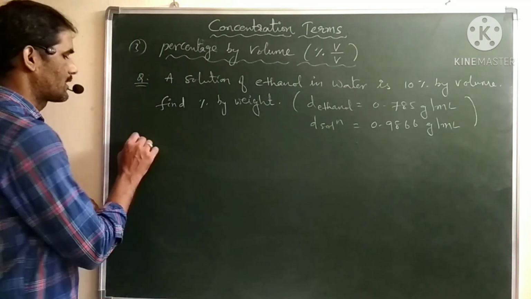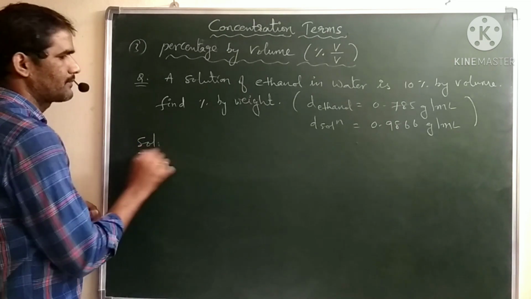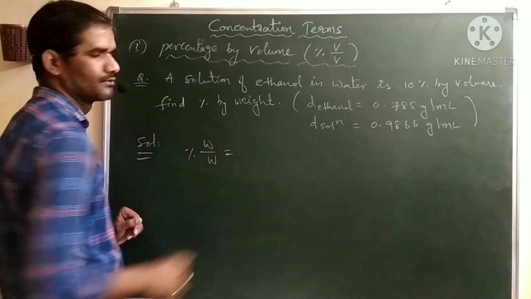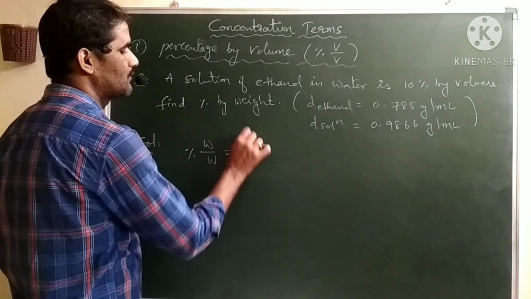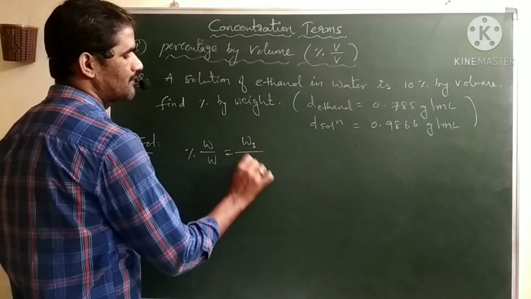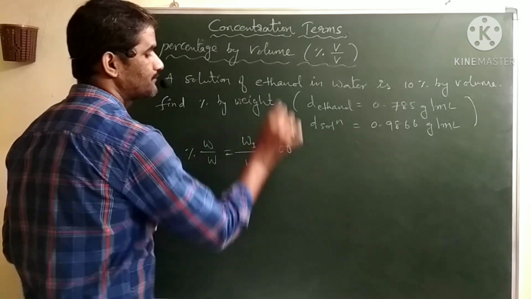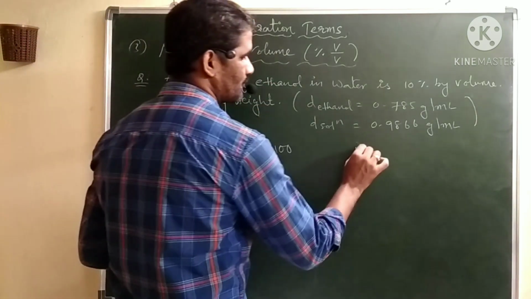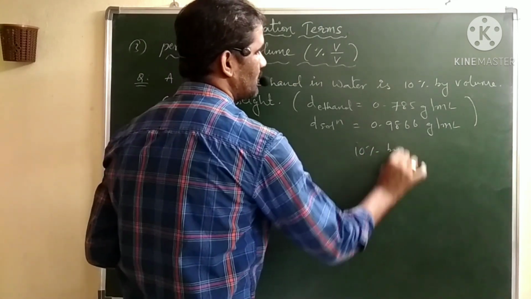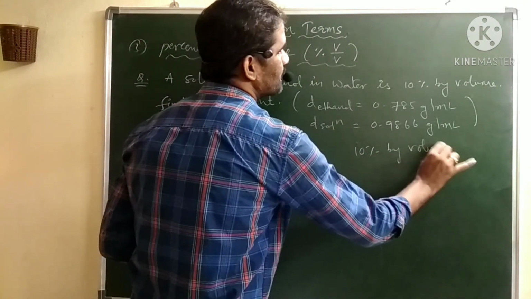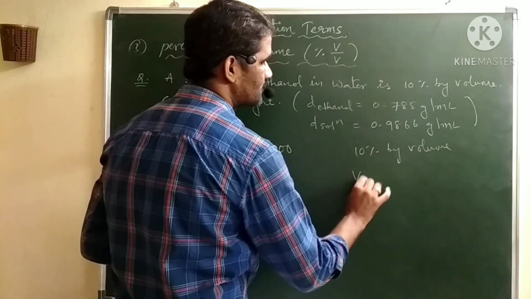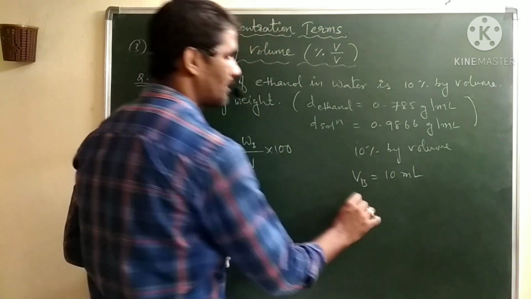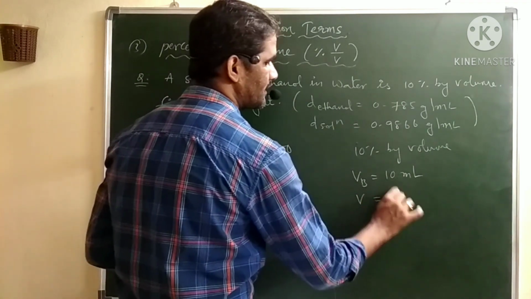First of all, write the formula: percentage by mass. So W by W is equals to what it is? Weight of solute by weight of solution into 100. So they give 10% by volume. What it means 10% by volume? Here volume of solute is equals to 10 ml and volume of solution indicates 100 ml.